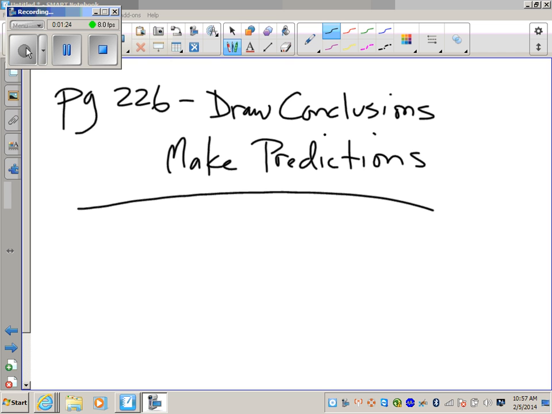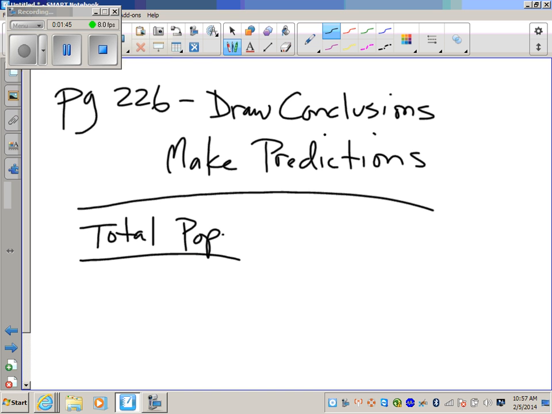Surveys were returned by 161 pet owners. Based on the sample, can you predict that more than 300 of the 500 pet owners would be using the facility? Okay, so let's take a look at some of these numbers. Total population was 500.